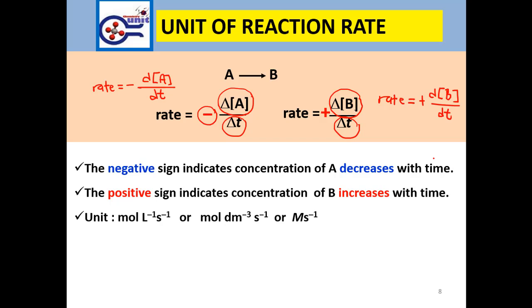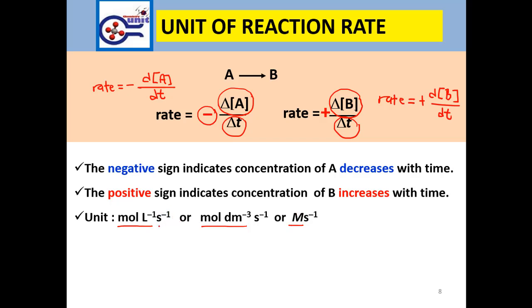The unit untuk reaction rate adalah concentration bahagi masa. So concentration tu can either be mole per liter, ataupun mole per dm cubic, ataupun molar lah, M besar, divided by time.